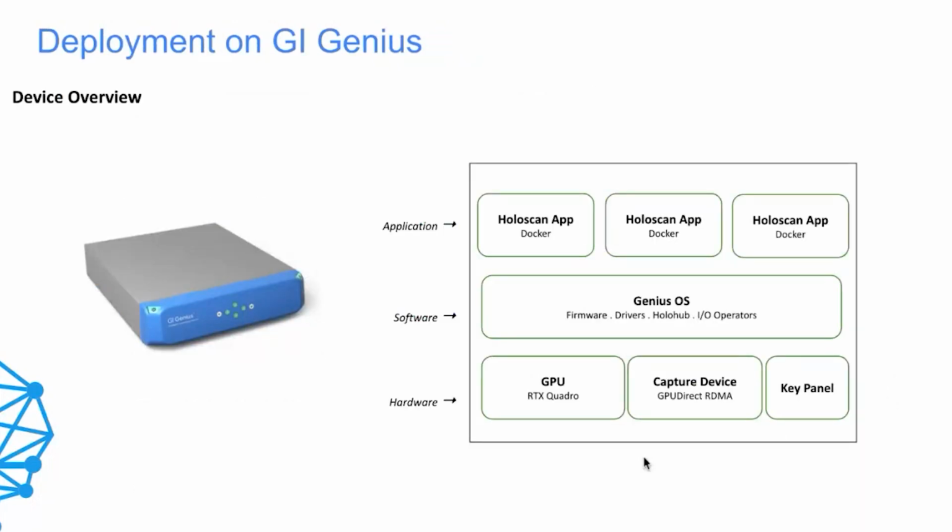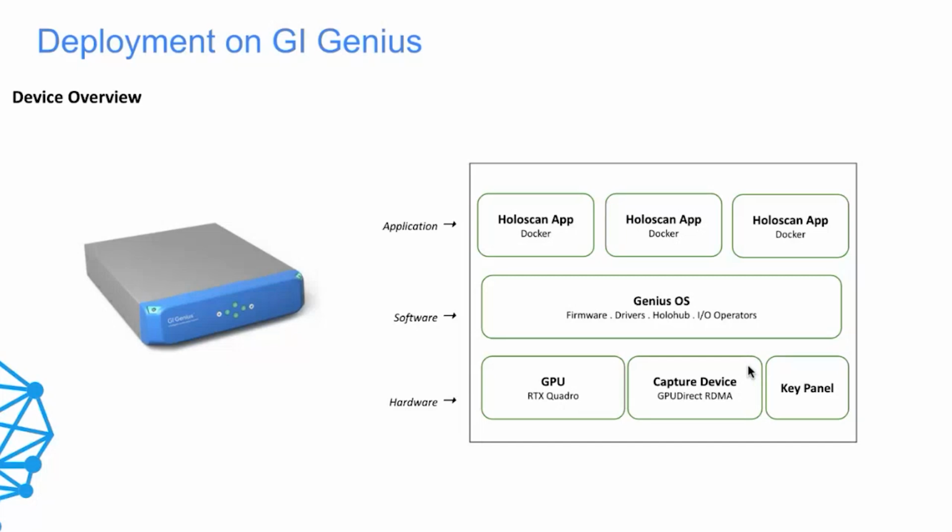I would like to tell you a little bit more about GI Genius because this is the main device we are now using for distributing our application. It is built for third-party AI applications. It has, as I said, an RTX Quadro GPU, and the capture device is very advanced.